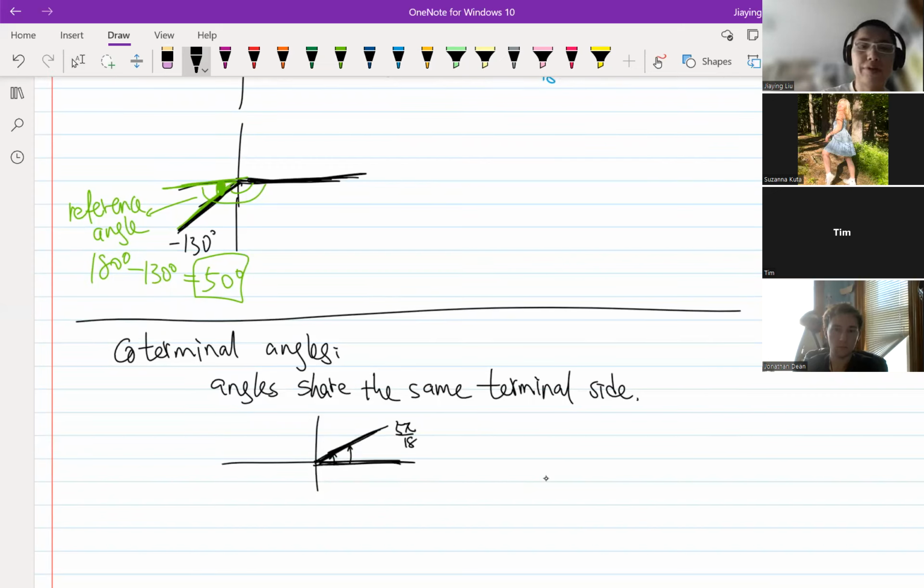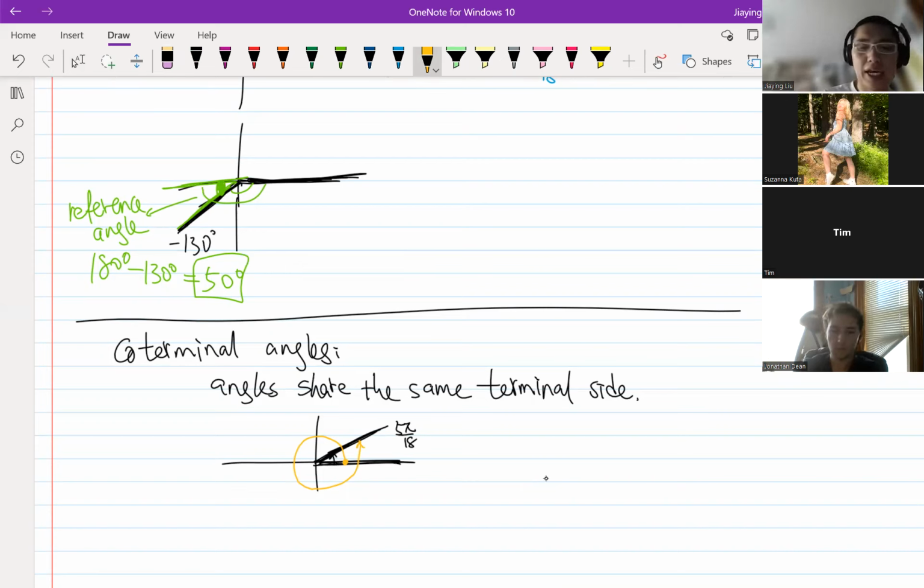But we don't have to stop there. For example, if I draw an angle, starting with the positive x-axis, I'm going to go past that and then come back to it. So the second angle I draw using the yellow arrow there, that angle and the initial angle 5 pi over 18 end up with the same terminal side, but they're different measurements.